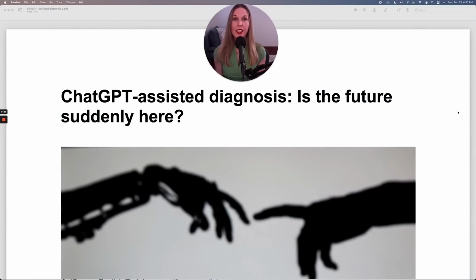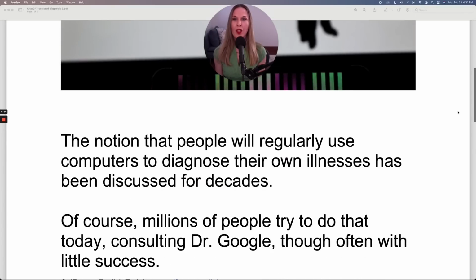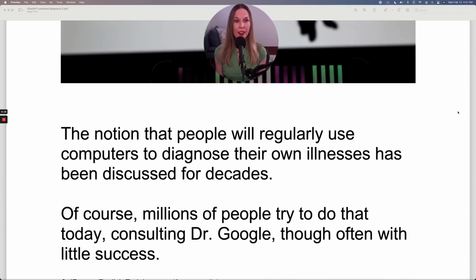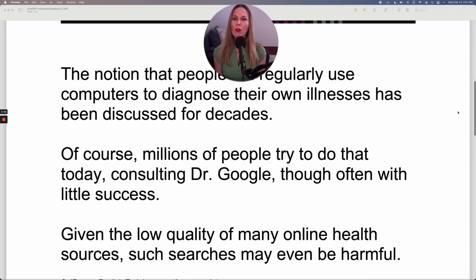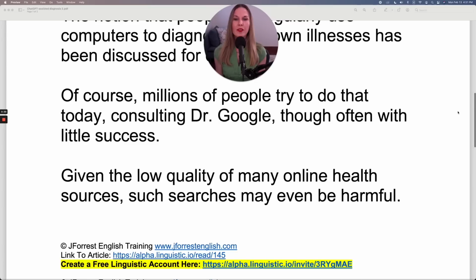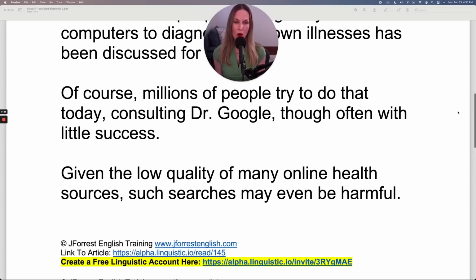ChatGPT assisted diagnosis. Is the future suddenly here? The notion that people will regularly use computers to diagnose their own illnesses has been discussed for decades. Of course, millions of people try to do that today, consulting Dr. Google, though often with little success. Given the low quality of many online health sources, such searches may even be harmful.